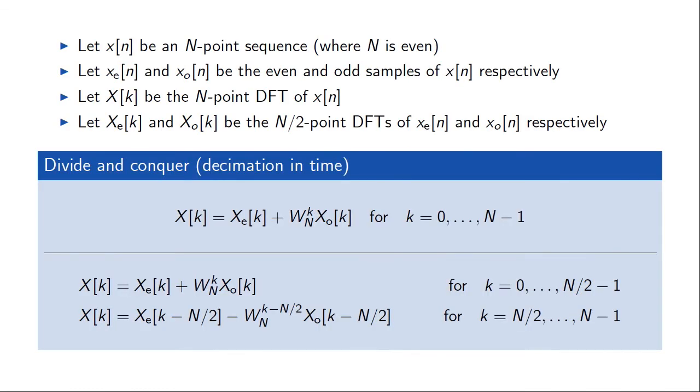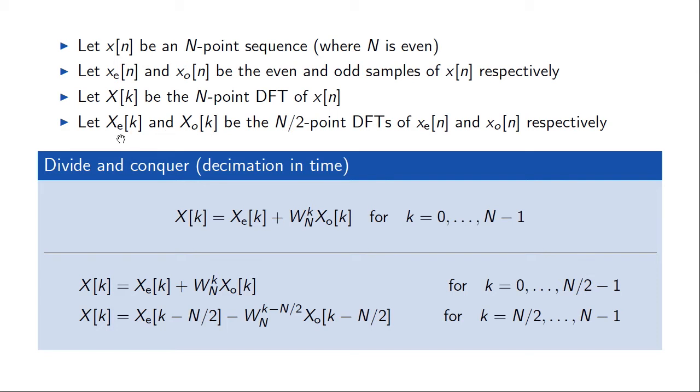So to summarize this, if we start with an N point sequence x of n, where N is even in order for this to work, and then we build xe of n and xo of n by taking the even terms of x of n and the odd terms of x of n to form these two N over 2 point sequences. And then we let X of k be the N point discrete Fourier transform of the original sequence x of n.